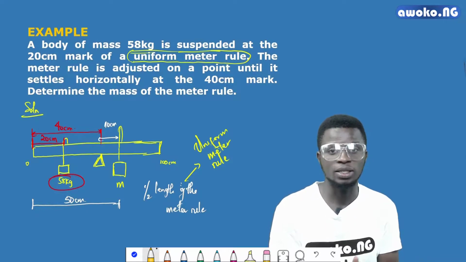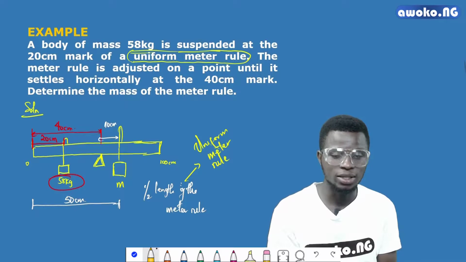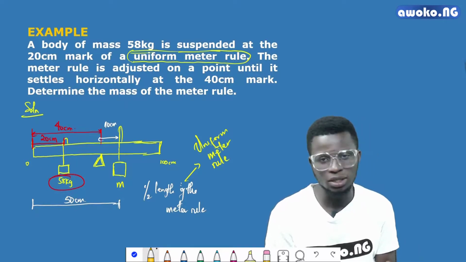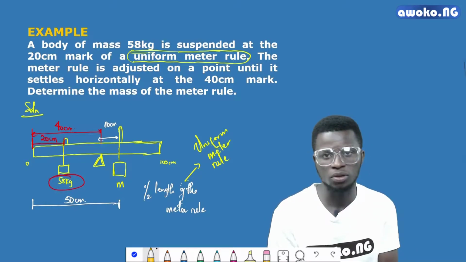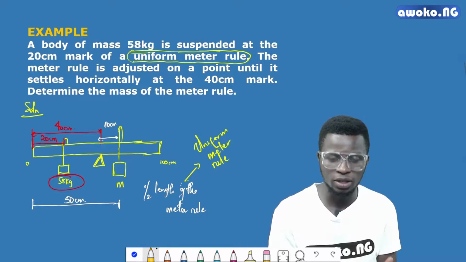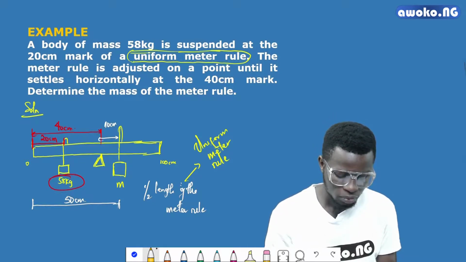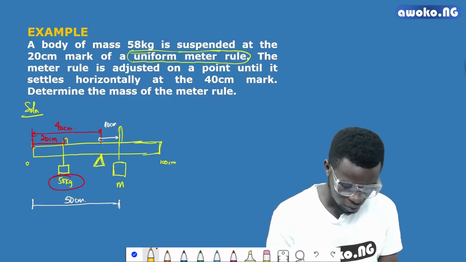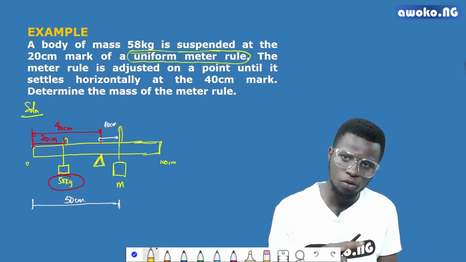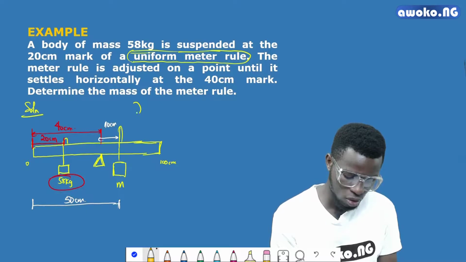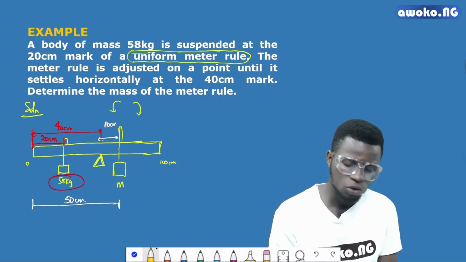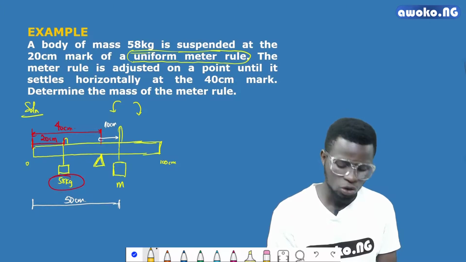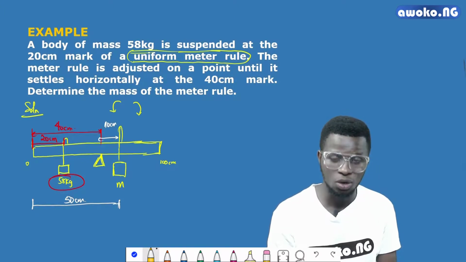In other words, the forces acting in one direction must be equal to the forces acting in the other direction. So from this meter rule, this is clockwise and this is anti-clockwise. So the sum of clockwise moments is equal to the sum of anti-clockwise moments.